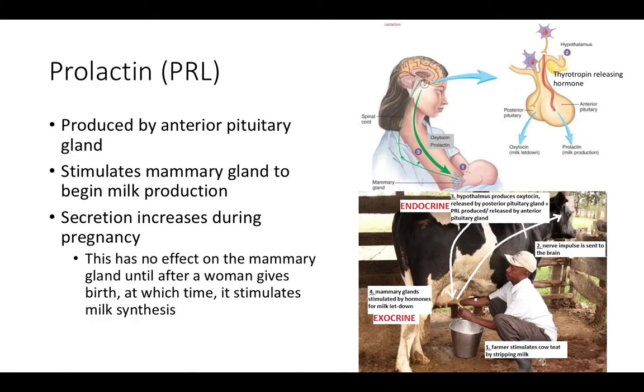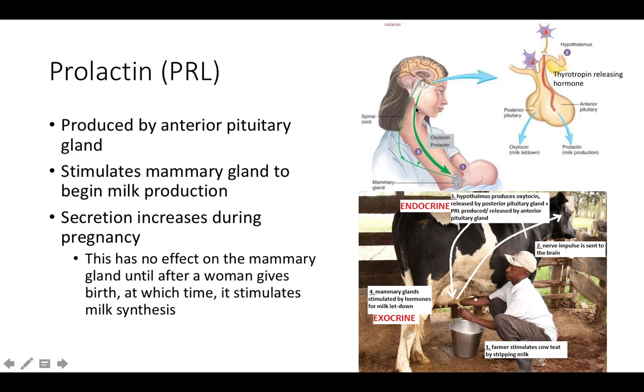Okay, prolactin is another hormone that's produced by the anterior pituitary gland, and it stimulates the mammary gland to begin milk production. So when women are pregnant, their bodies start producing a lot more prolactin, but it doesn't really have any effect until after the woman gives birth, at which time milk synthesis occurs. Okay, so in this picture, what we see here is a woman has a baby suckling. That suckling, and sometimes even a baby crying, can have the same effect.